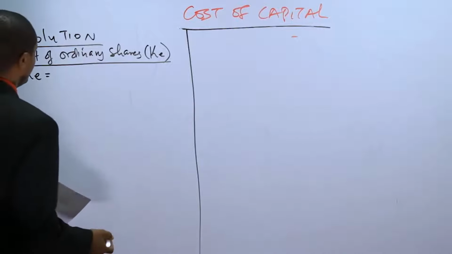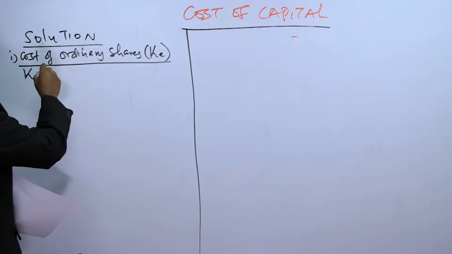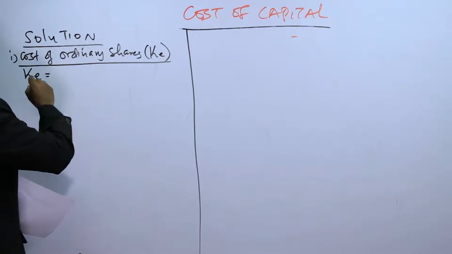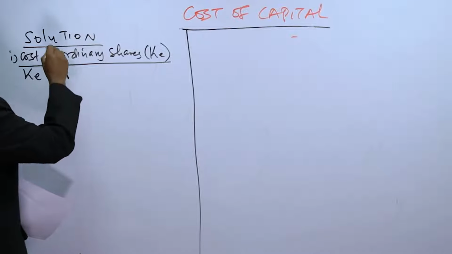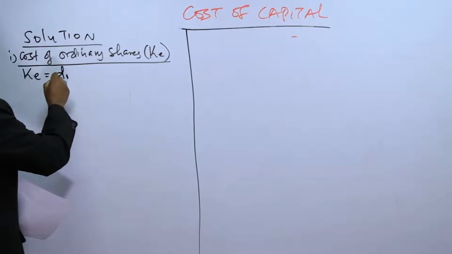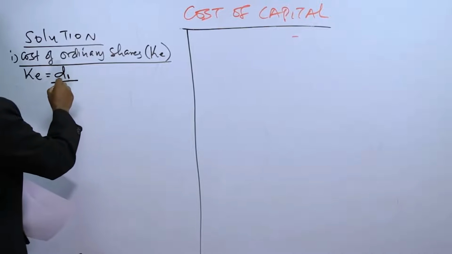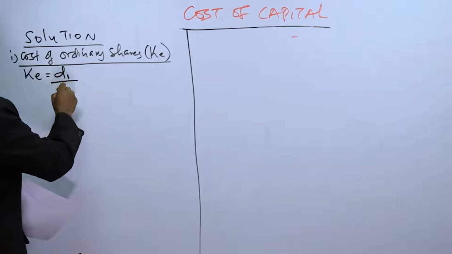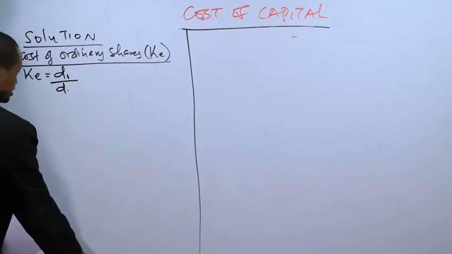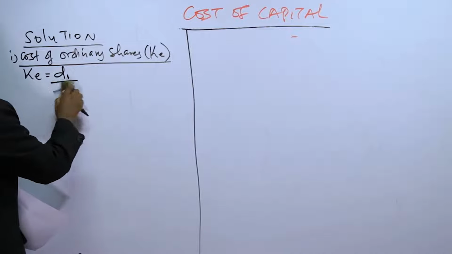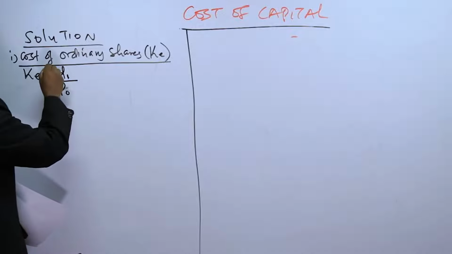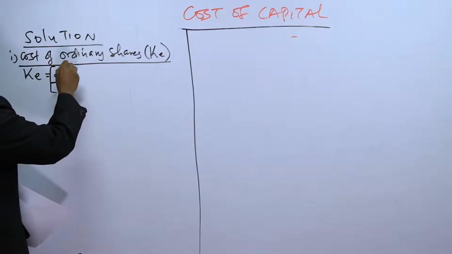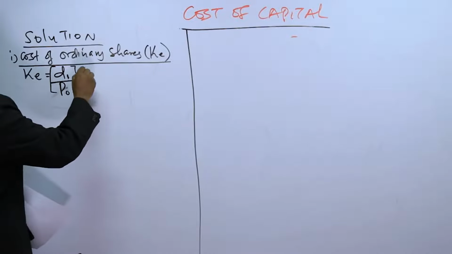So this is a zero growth firm, and the formula for a zero growth firm is D0 or D1, expected dividend per share, over the market price per share, P0. So with that, we multiply by 100 to get the rate.